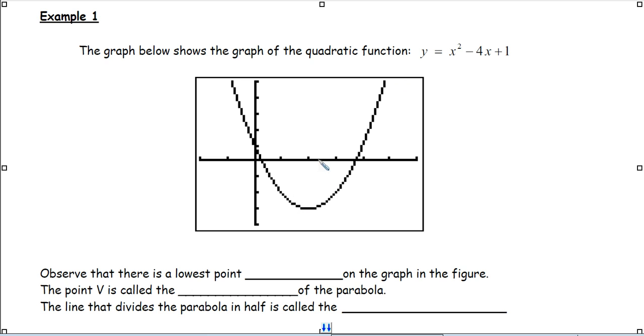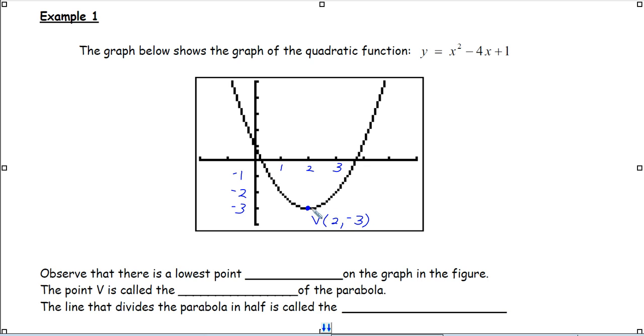notice it has a very bottom point here, right? Way at the bottom, and that point signifies something. That's going to be called our vertex. So let's go ahead and find that coordinate. 1, 2, 3, and if we go down, we have -1, -2, -3. So we're going to label this with a V, and that'll be 2, -3.